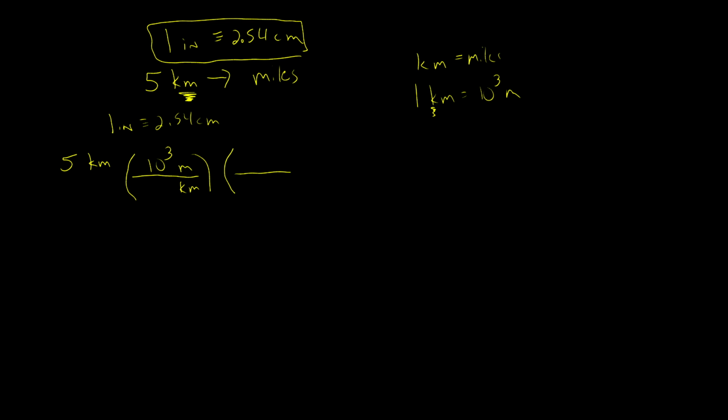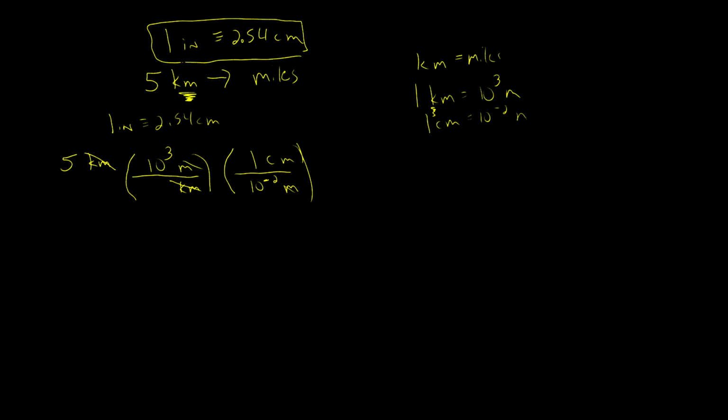Now 10 to the negative 2 meters is equal to 1 centimeter, right? Because 1 centimeter is 10 to the negative 2 meters. What I've done is I've lined up the units: the kilometers cancel the kilometers, the meters cancel the meters, and I'm left with centimeters.